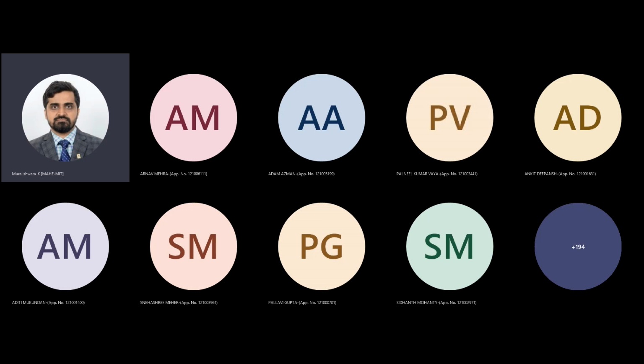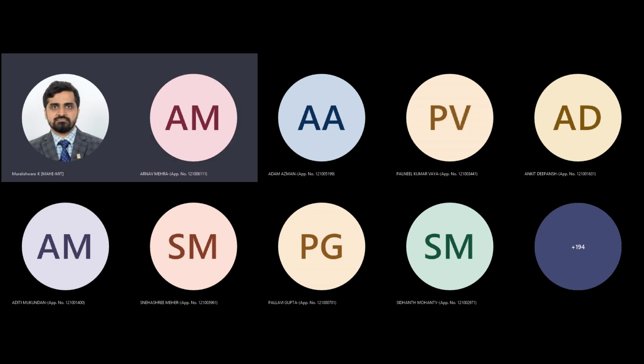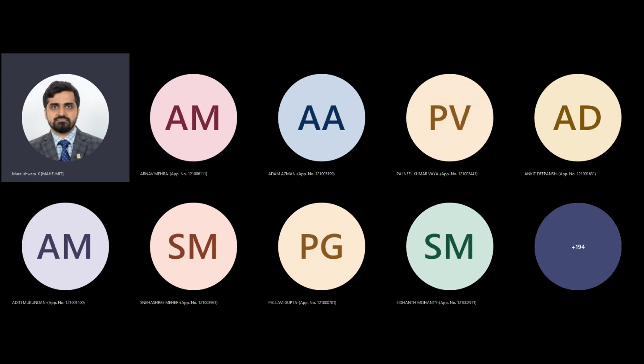How do you calculate V? What is D1? D1 equals how much is it? 1.2 meters. And N1 is 210 RPM. So you can find pi into D1, that is 1.2 meters, into 210.